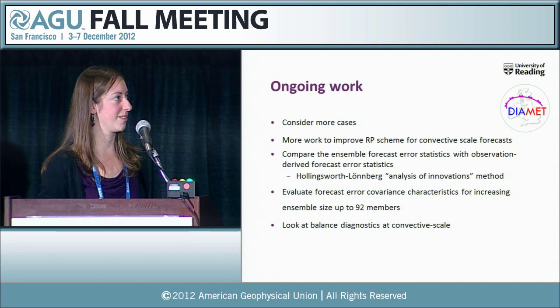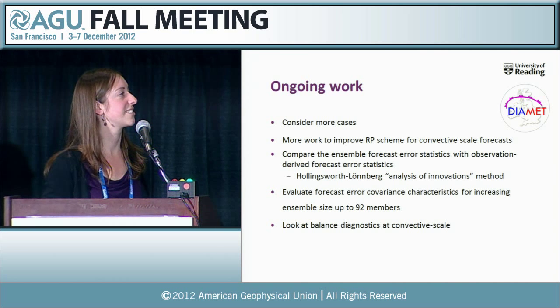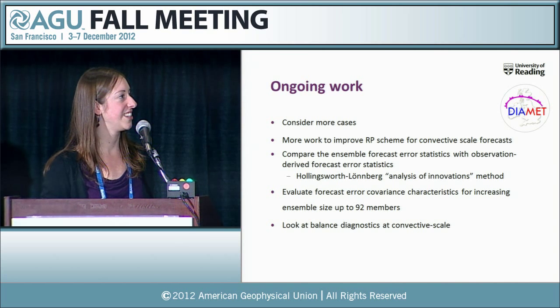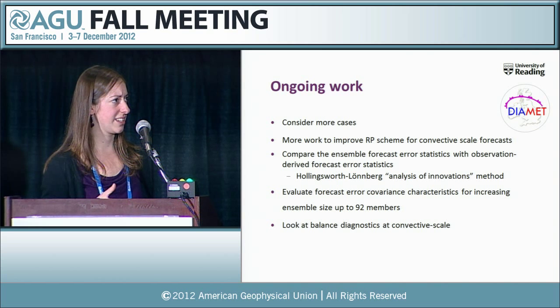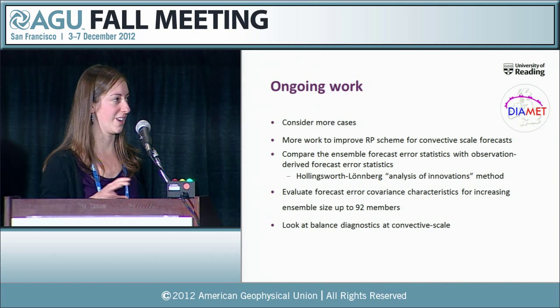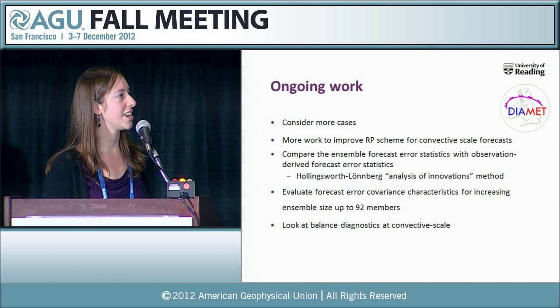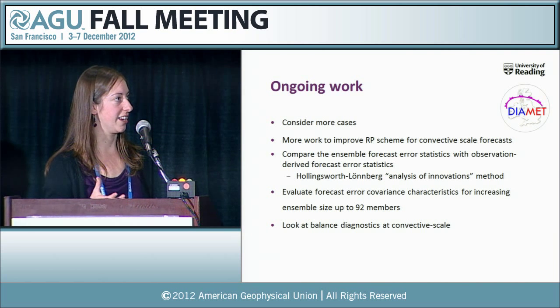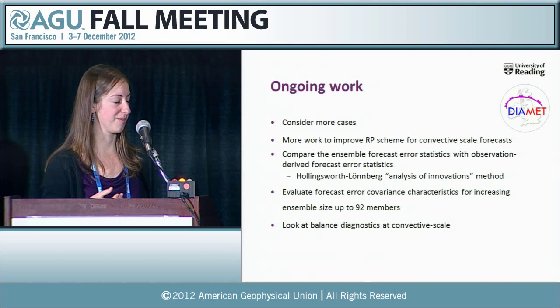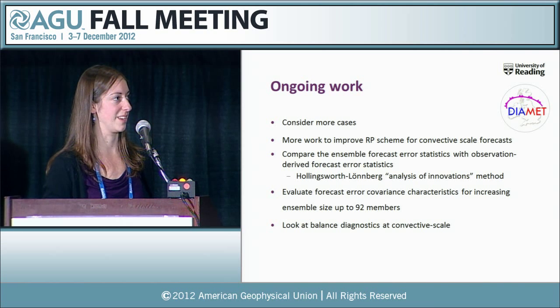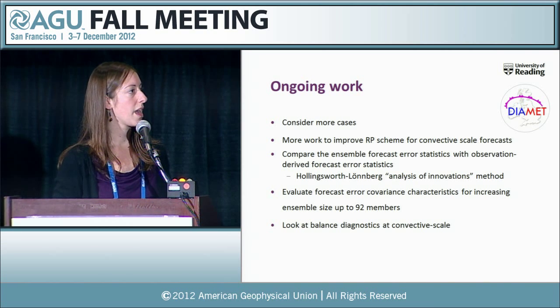So what we're doing now is looking at more cases, because obviously we need more than one case, and looking more closely into why we're encountering these problems, to try and work to improve this scheme as a method of representing model error.